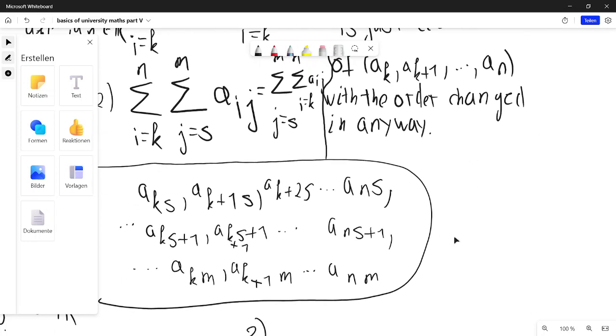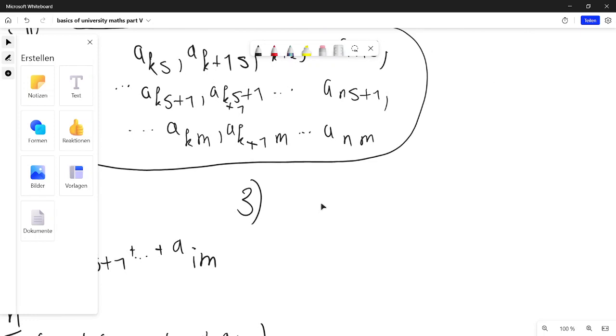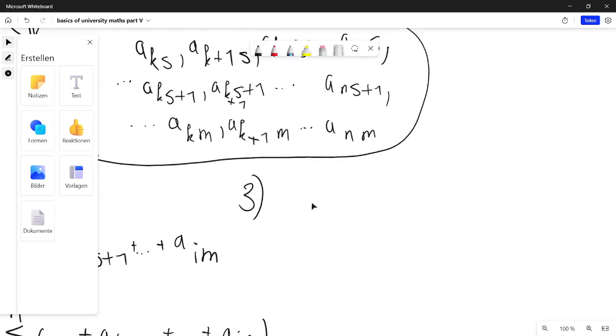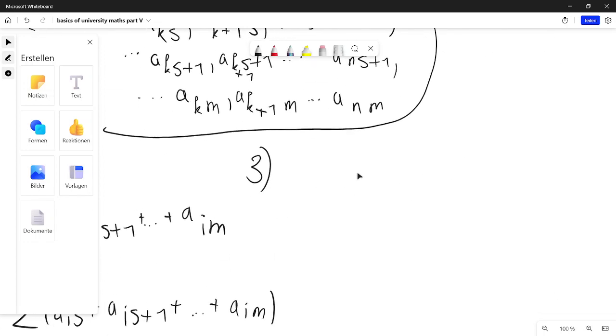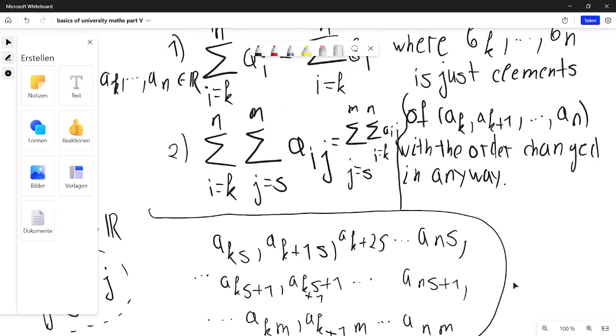Okay. What else do we have to know about such sums? Okay, I'm not sure yet if I should mention anything else.